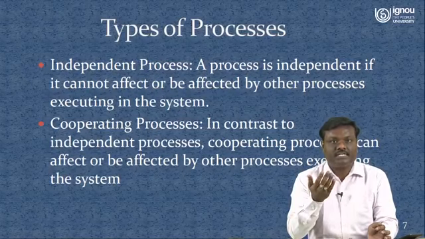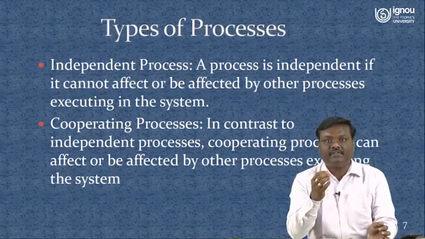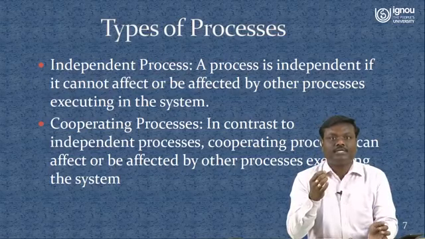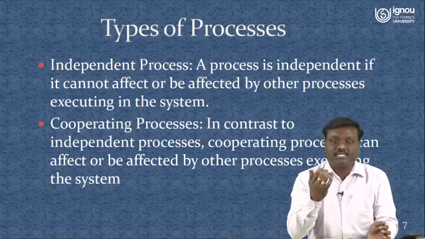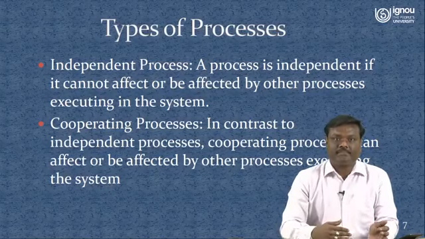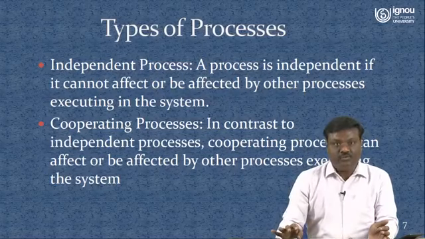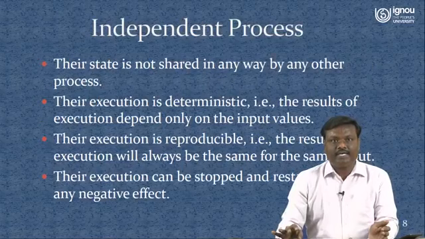Once again, they are linked to the main program, and those two processes may have a kind of cooperation or communication in between. Sometimes synchronization should also be happening. So with these two differentiations, we can move ahead.